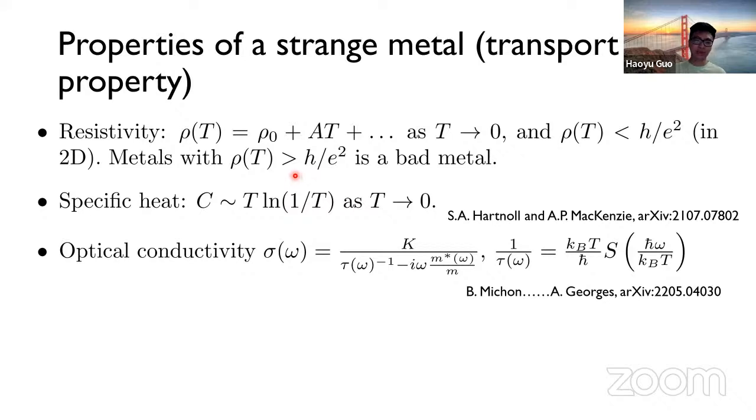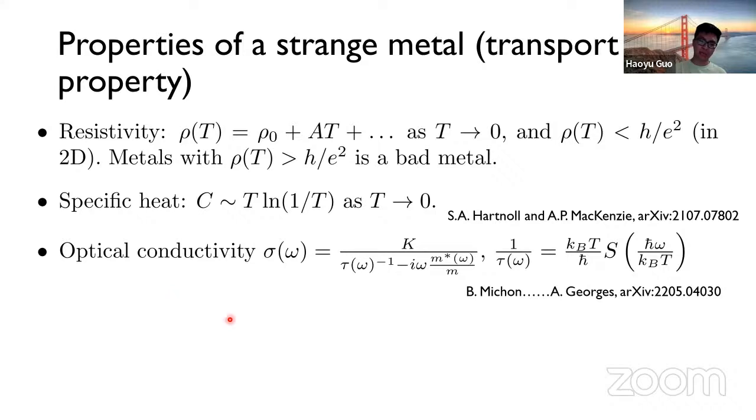There are some other models which can realize a linear in T resistivity which is above the quantum unit. But that kind of system is called a bad metal instead of a strange metal, because in those systems they're usually highly disordered, and you cannot define a Fermi surface. Another thing you could see from its thermodynamics is that the heat capacity at low temperature will have a log singularity, which goes like T log 1/T.